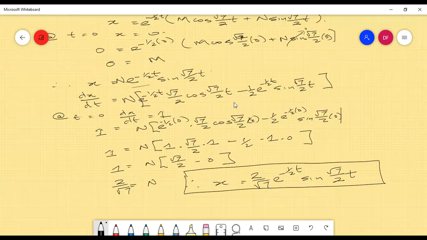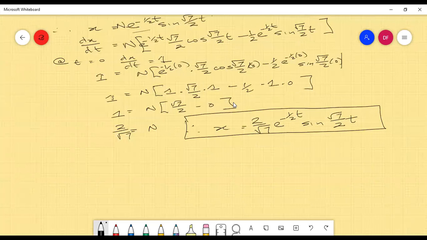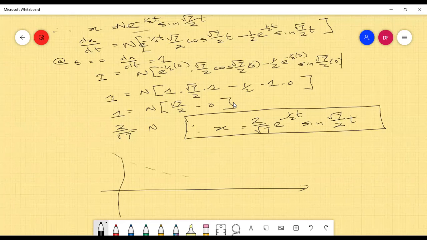If you want a picture of the motion, it's an exponential sine graph. So it's going to be going back and forth.